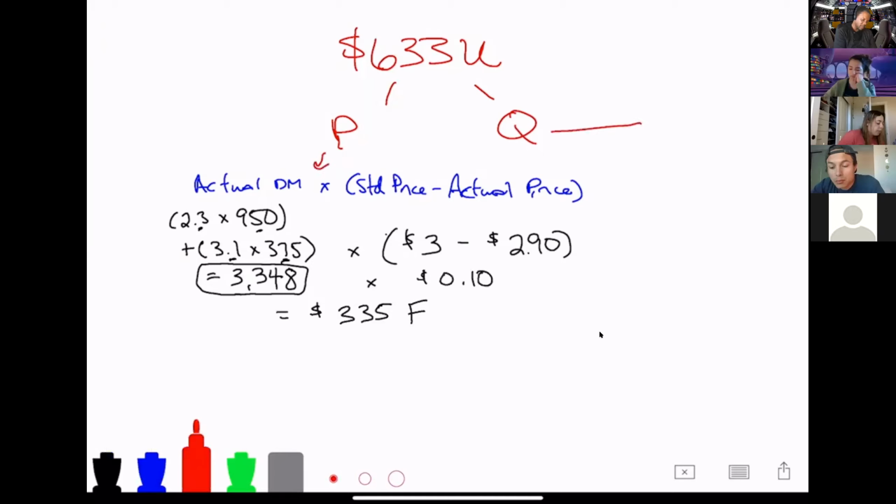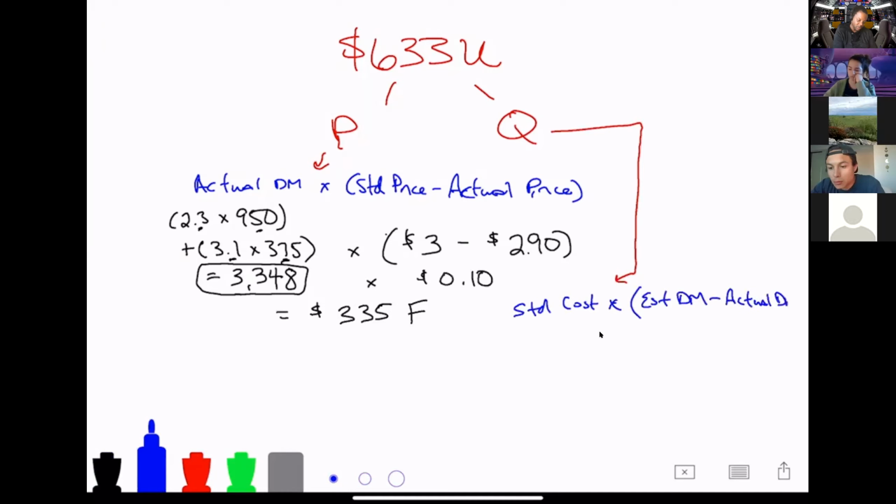But let's look at what the quantity variance is. To do the quantity variance, we take the standard cost times the difference between our estimated direct materials and our actual direct materials. So let's figure out what our estimated direct materials were.